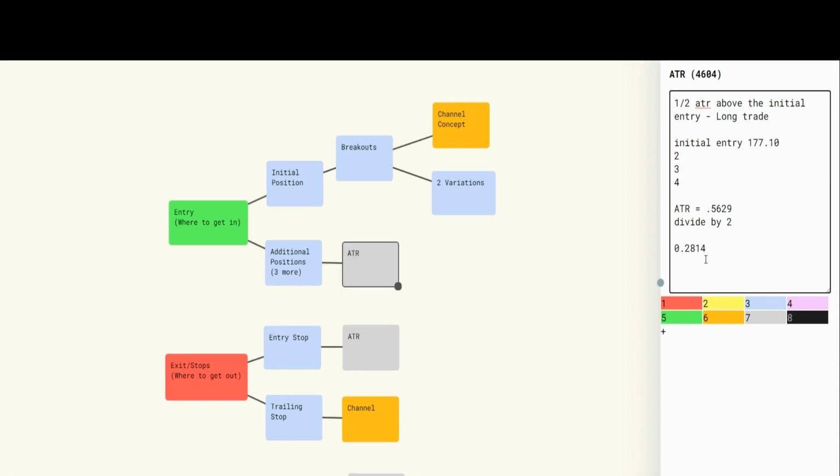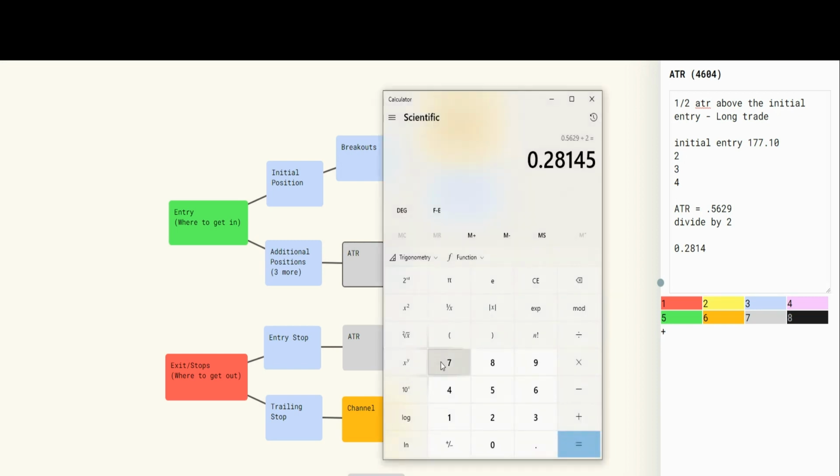So with 0.2814 as our half ATR, we simply add that, again for a long, to this initial entry price to get our subsequent orders. So if we were to bring up the calculator, let's put this into memory, 0.2814, plus 177.10, that's going to give us 177.38.